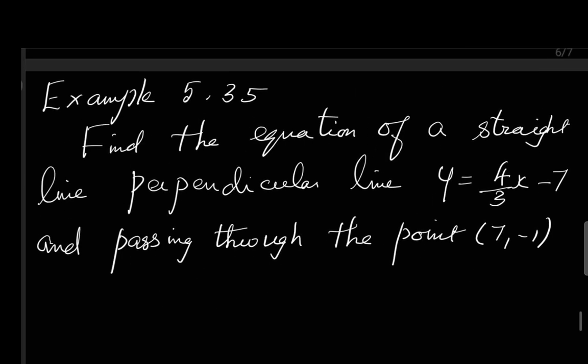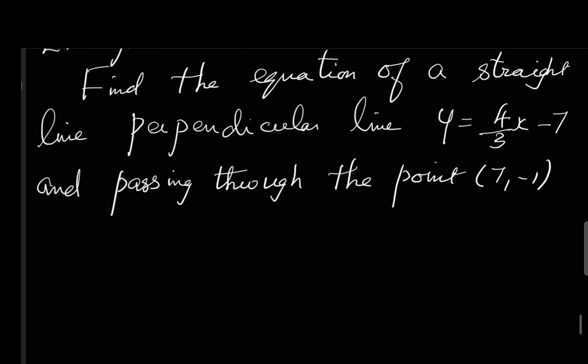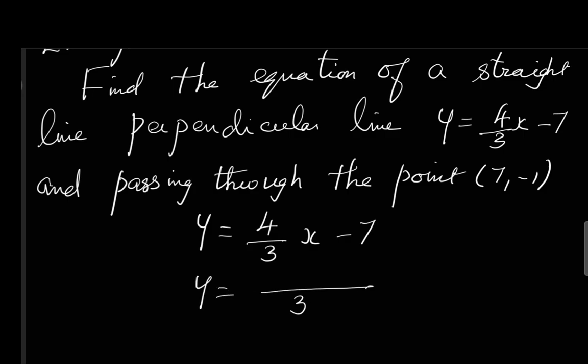See the next example, 5.3.5. Find the equation of a straight line perpendicular to the line y equal to 4 by 3 x minus 7 and passing through the point (7, minus 1). See, first you bring this in the standard form. You remove the fraction coefficient, okay? So here y is equal to, let me take 3 as LCM.